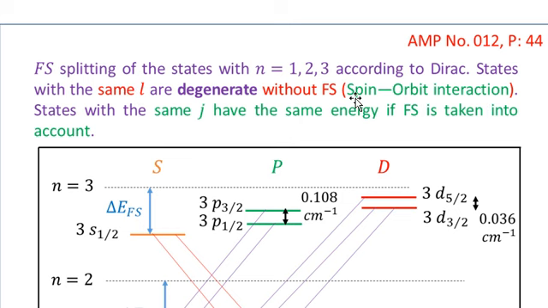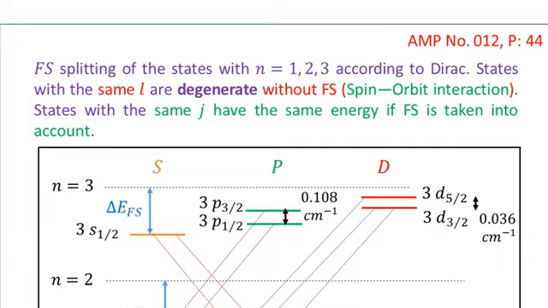But if you include the spin orbit coupling, that is the fine structure coupling and the formula which is given in equation number 70, then of course the L degeneracy will be lifted. That is, the energy will now depend upon the values of J. States with the same J have the same energy if fine structure is taken into account.